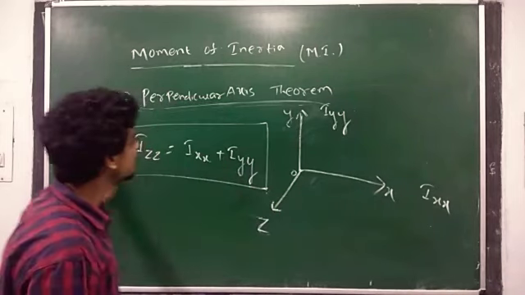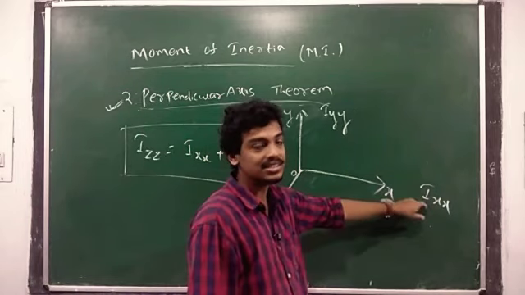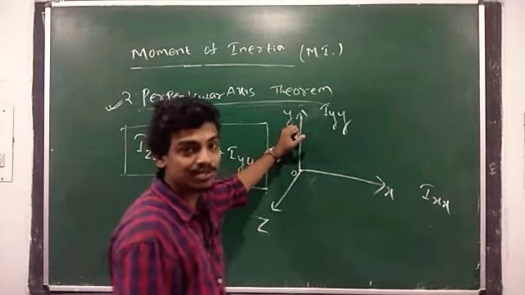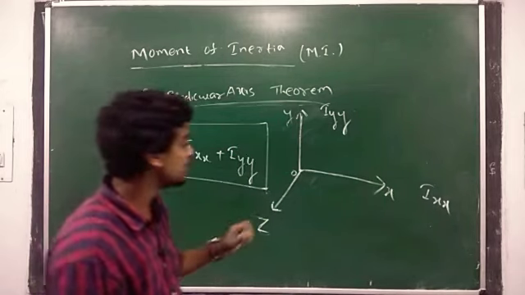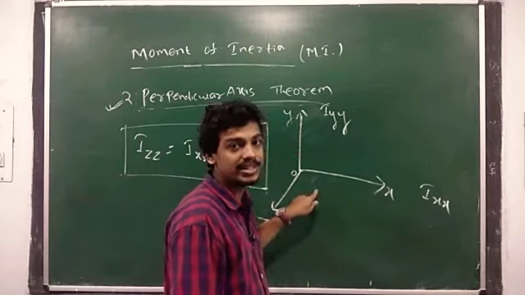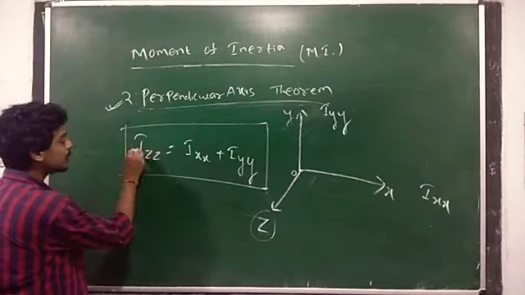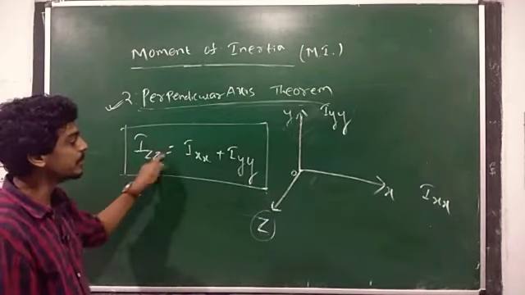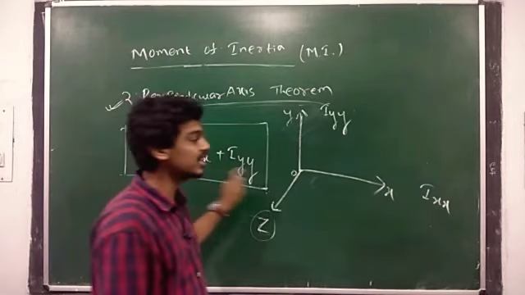Suppose the statement is, the moment of inertia about the x direction is Ixx, along the y direction is Iyy, then to calculate the moment of inertia in another direction perpendicular to both directions, that is along the z direction, the moment of inertia can be calculated by the summation of the inertia along both directions.